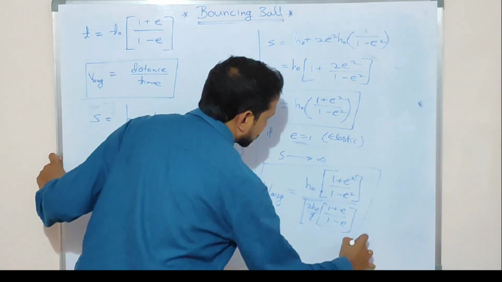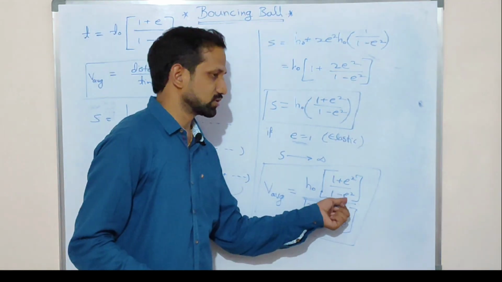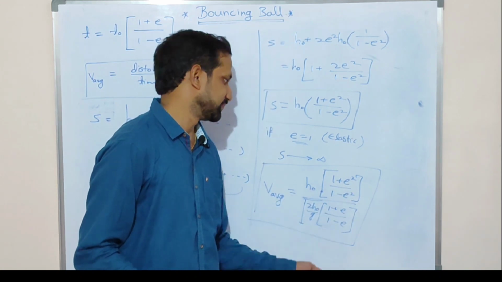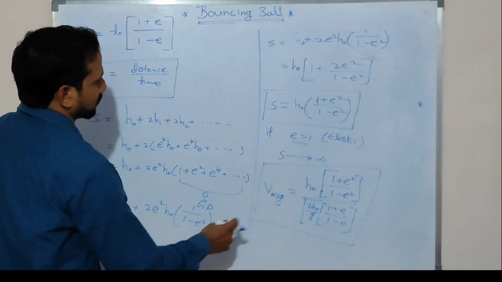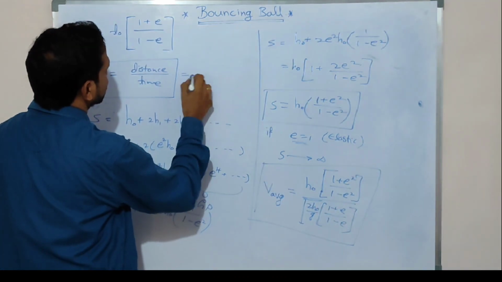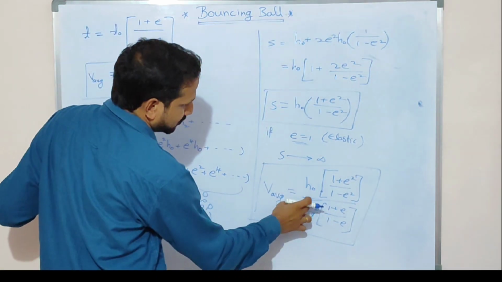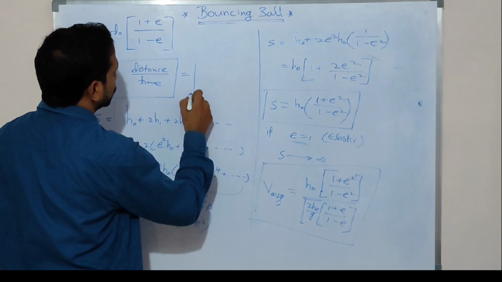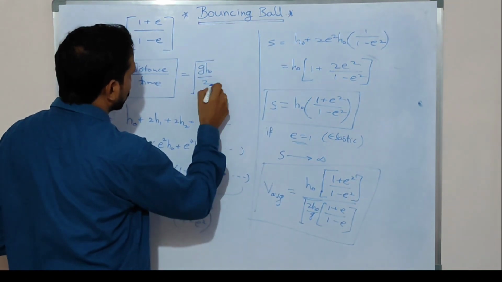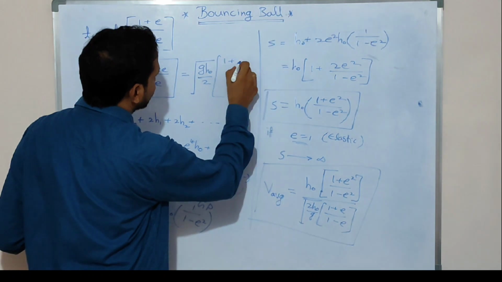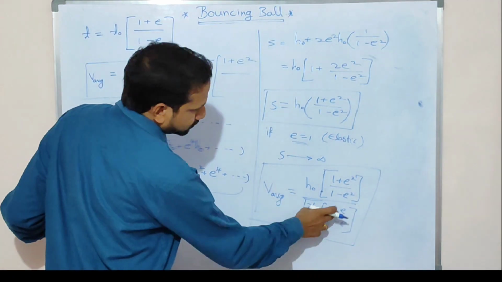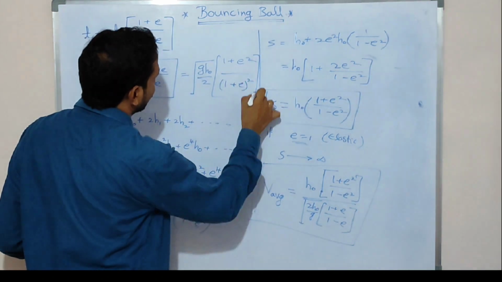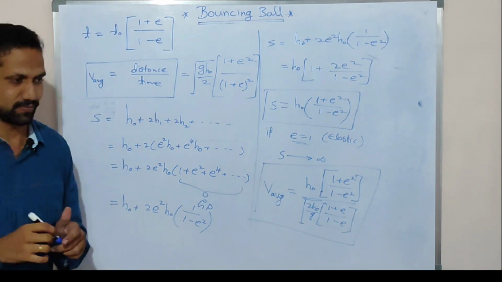Further simplification is possible here, because 1 minus e square I can rewrite as (1 minus e) into (1 plus e), so that 1 minus e will be cancelled and (1 plus e) whole square will be coming here. That equals root of g h naught by 2 into (1 plus e square) by (1 plus e) whole square. This is the average speed formula.